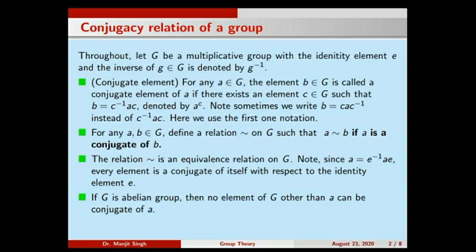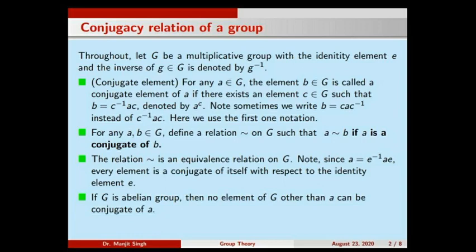Now you can see here, if G is an abelian group, then ac can be written as ca, and again b becomes a. Therefore this concept is very much trivial on abelian groups, so we always assume that we are considering a non-abelian group. Now we define an equivalence relation on G such that a is related to b if a is a conjugate of b.